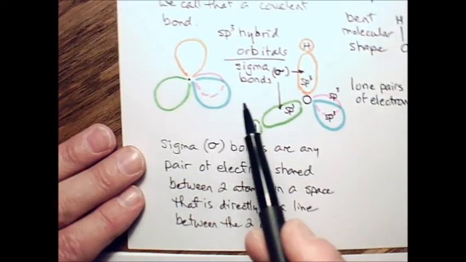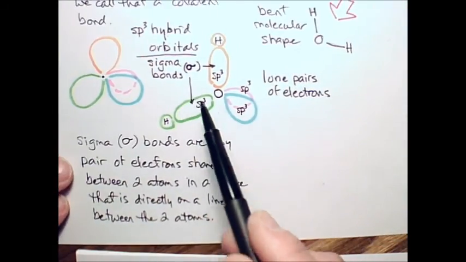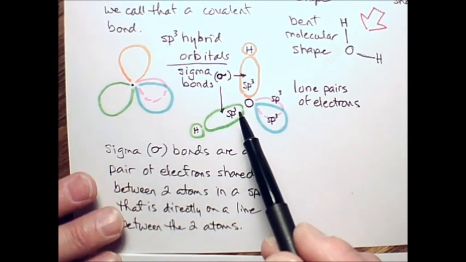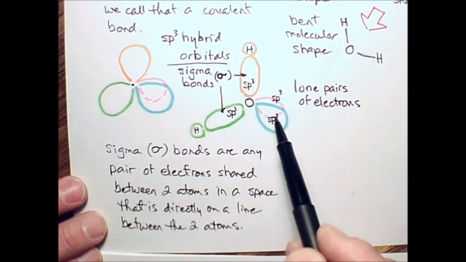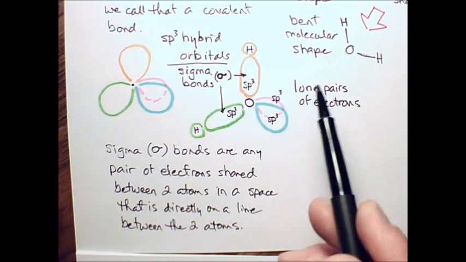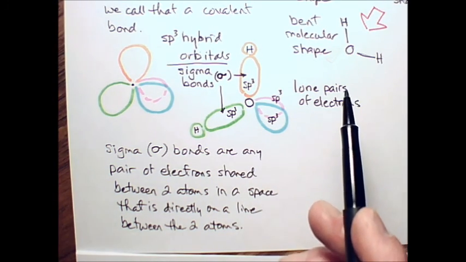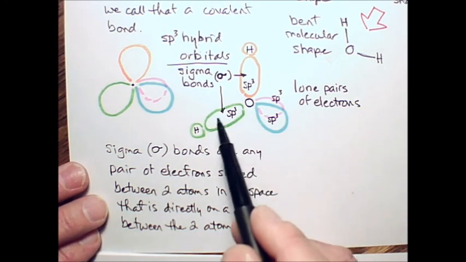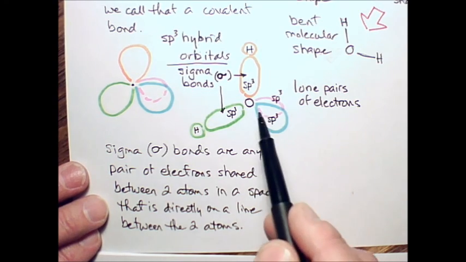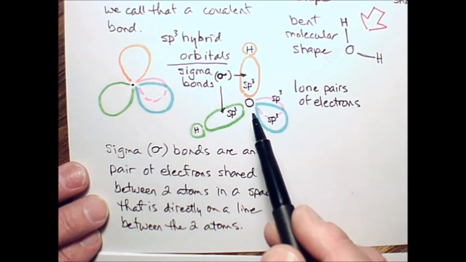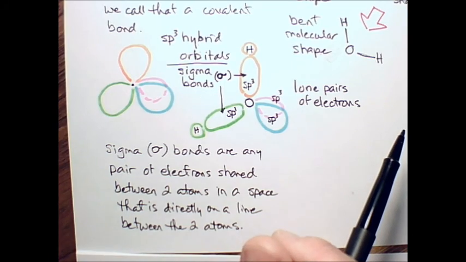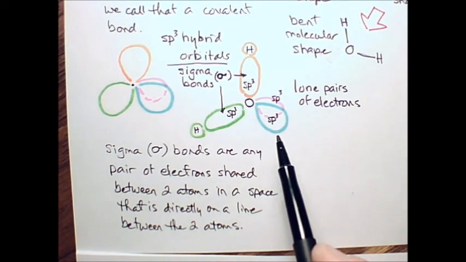Our unhybridized orbitals were tetrahedral. Now this molecule is actually tetrahedral because the angles are roughly the same. They're not exactly the same, but close. But we have four arms, if you will, extending from the central atom in roughly equal spacing. Okay, that's a tetrahedral.